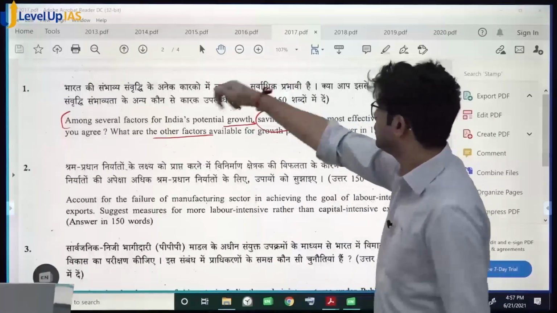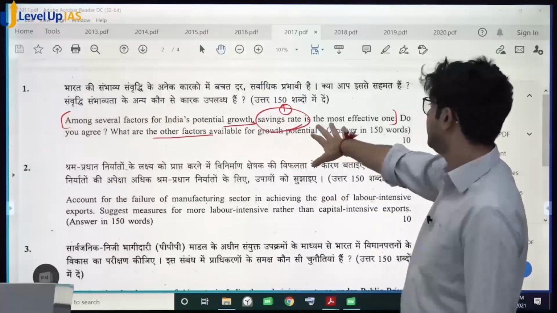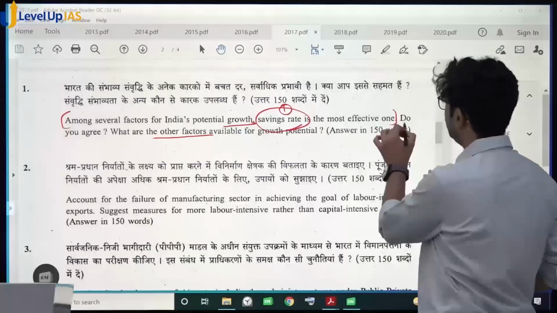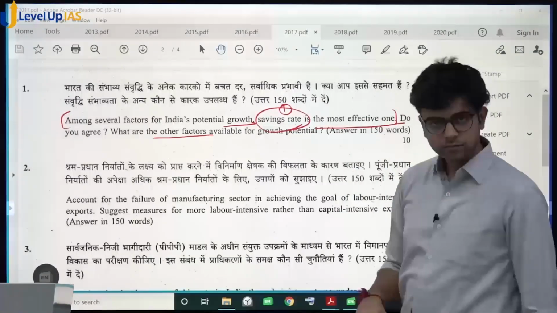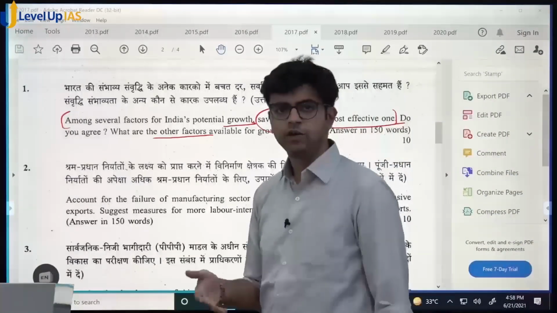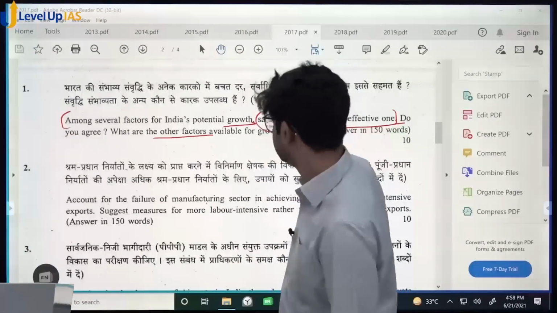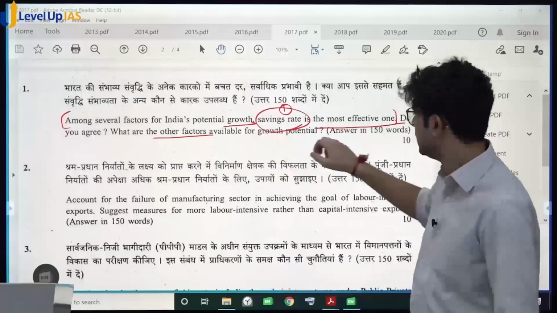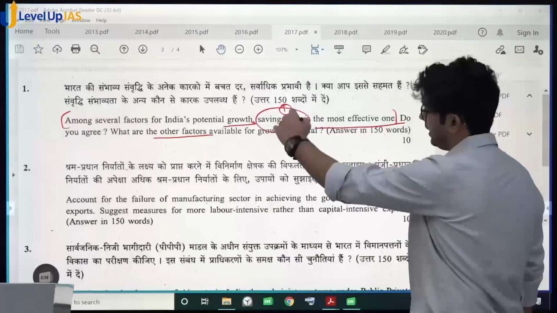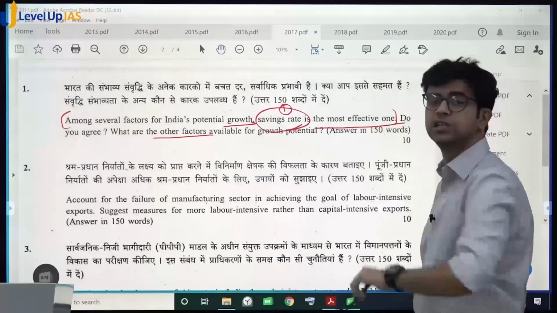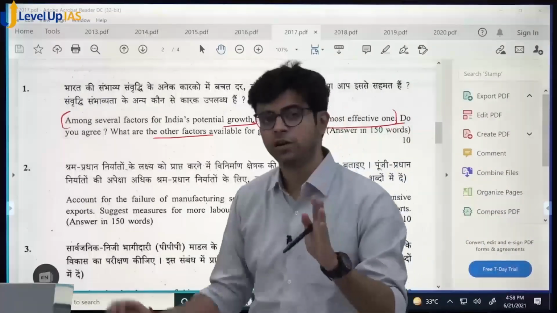So among several factors for India's potential growth, savings rate is the most effective one. Do you agree? They are asking us whether we agree or not. They are not saying it is the most effective one, but they are saying, do you agree with this? You have to prove it basically. Savings rate is one of the factors of India's growth potential. Please embed this in your mind.